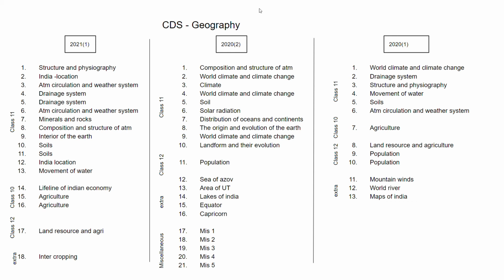Like in 2021 first there are 13 questions, then in 2022 there are 10 questions. Next followed by 10th and 12th questions. There are some questions from extra topics and miscellaneous questions also. Now we won't waste time on the miscellaneous questions as I have mentioned because you cannot prepare for them.